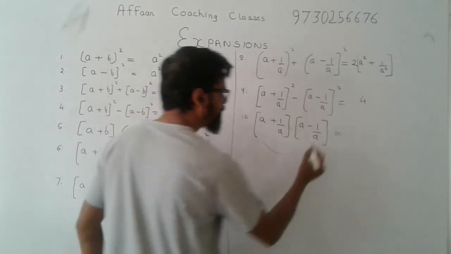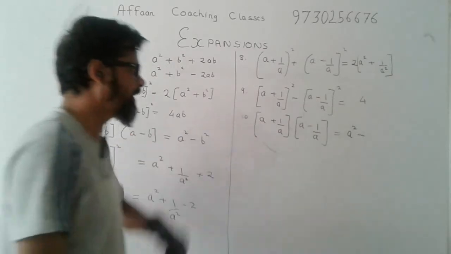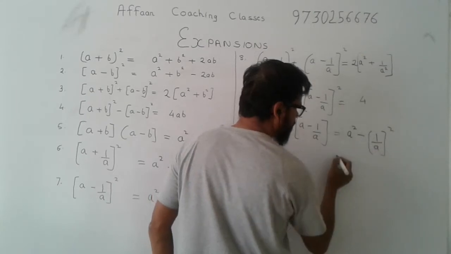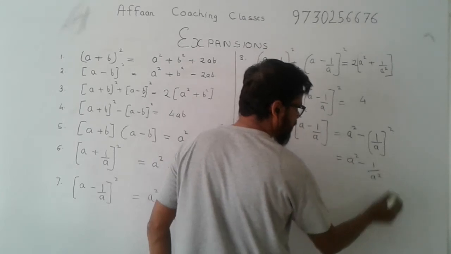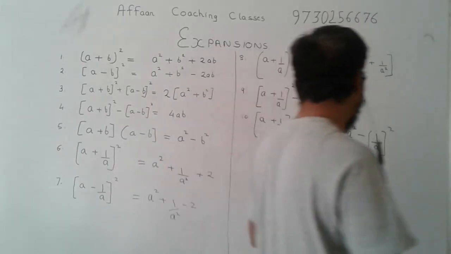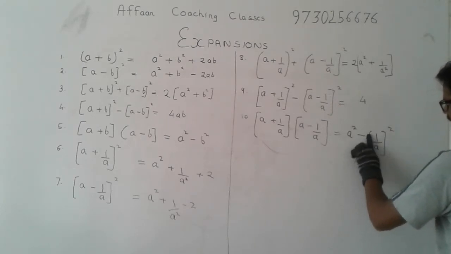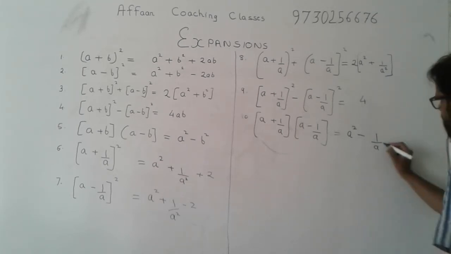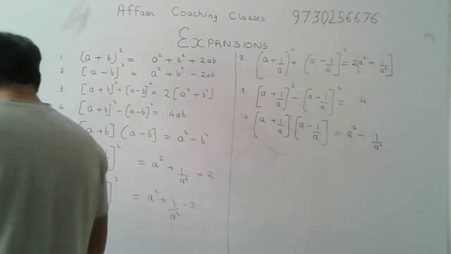So this will give you a square minus b square, and instead of b we have 1 upon a whole bracket square, so 1 square will be 1 only, and this will be a square. Clear? So (a plus 1 upon a) into (a minus 1 upon a) will give you a square minus 1 upon a square. So we'll keep this formula: a square minus 1 upon a square. Clear?